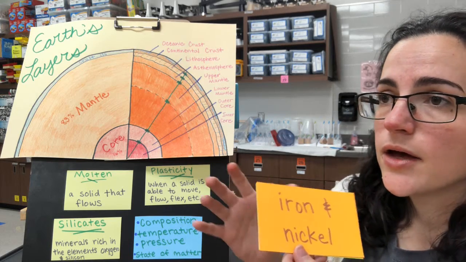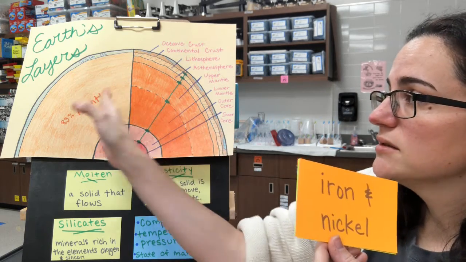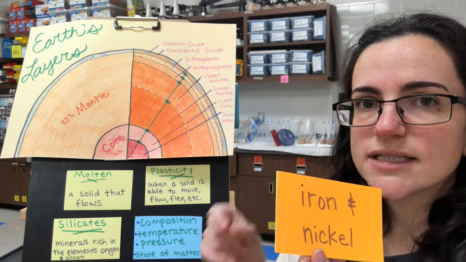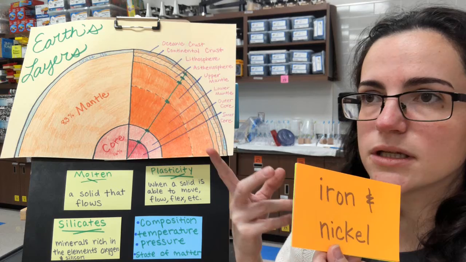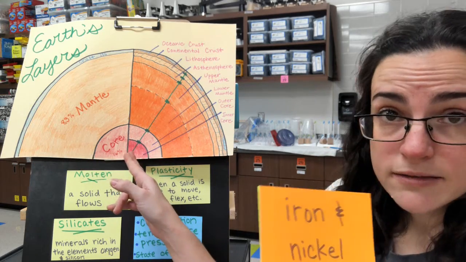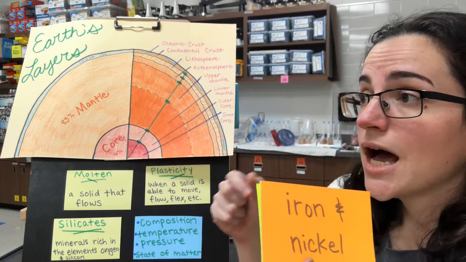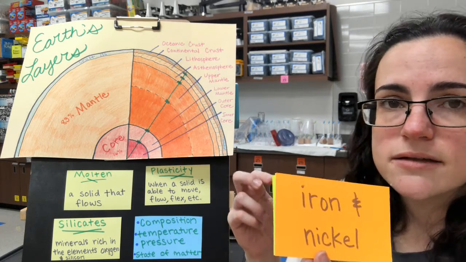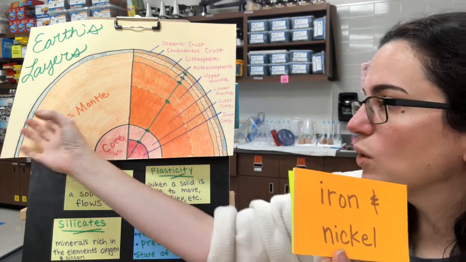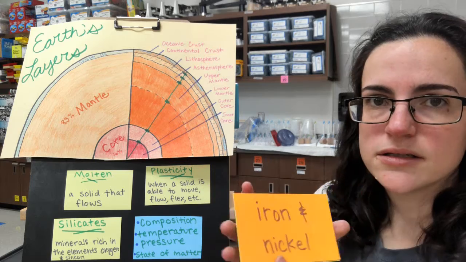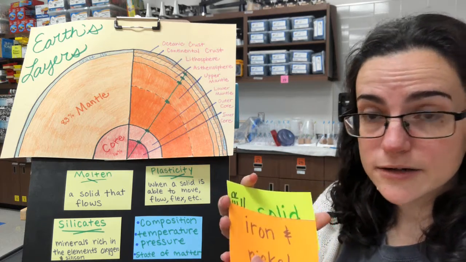So even though we said that the other two layers have silicates, with silicon and oxygen, there's none of that in the core because iron and nickel are heavy and dense compared to those. So the core of our Earth is the densest part of all of Earth's layers.